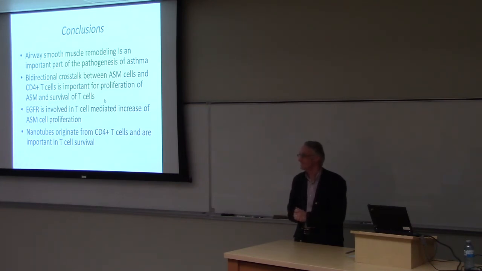Jim, I have a question. As you know, there are mast cells in the muscle bundle in the airway. So I'm wondering whether the transfer of membrane between mast cells and airway smooth muscle cells can explain some controversies in the literature in terms of receptor expression, what the muscle expresses, what other cells express.